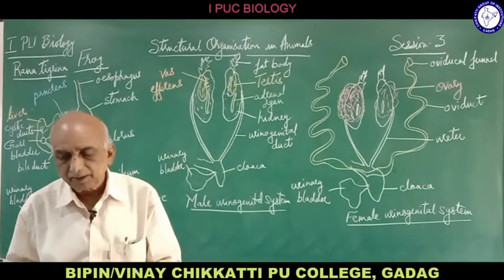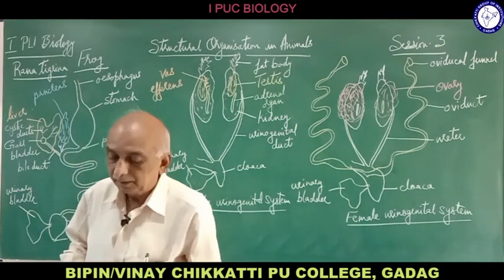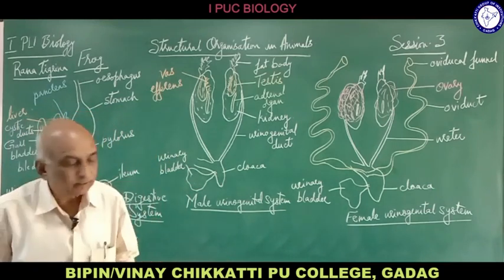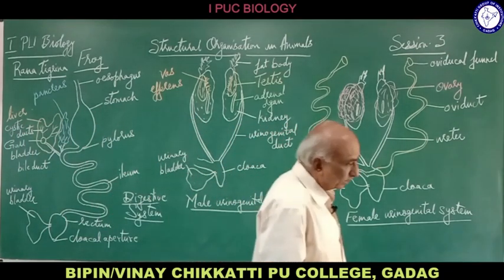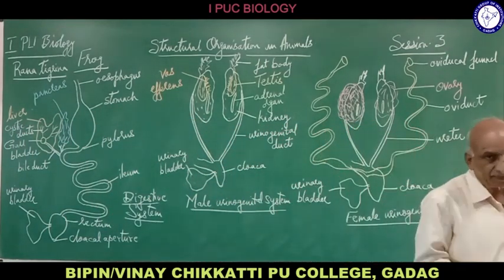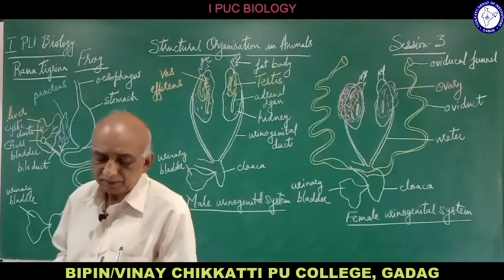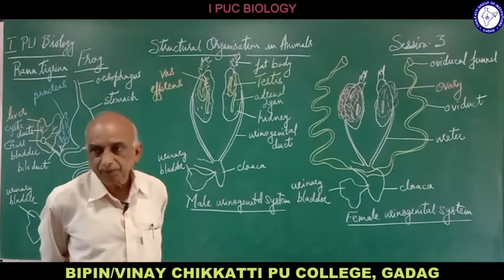Also the protective cover is the pericardial membrane or the pericardium, and the circulatory system constitutes the heart, blood vessels, and the blood, which are involved in the circulation system of the frog.